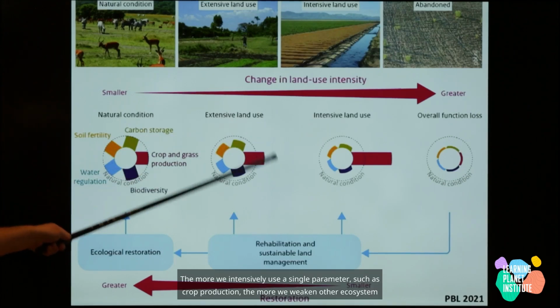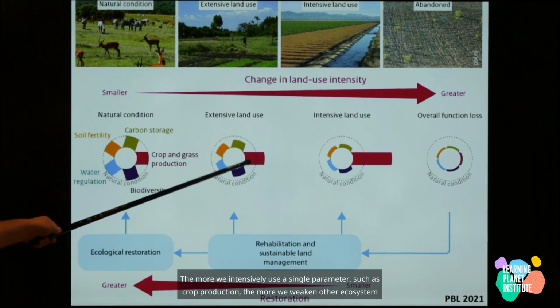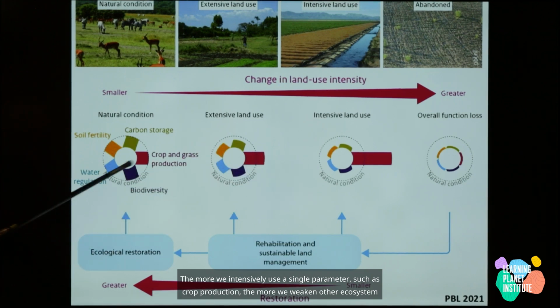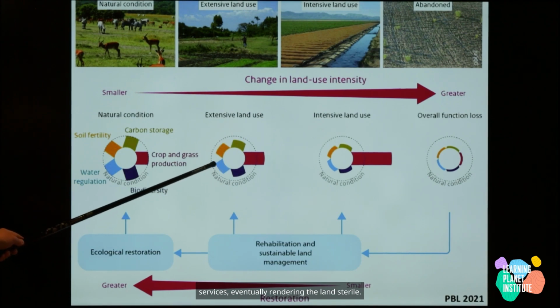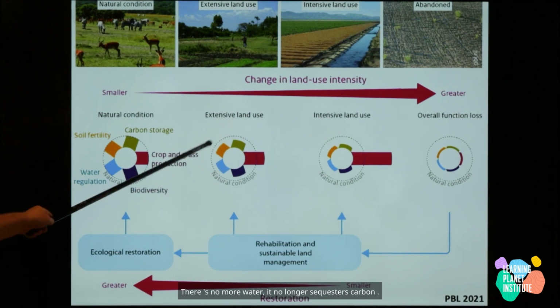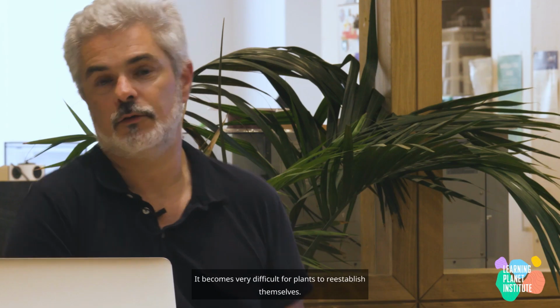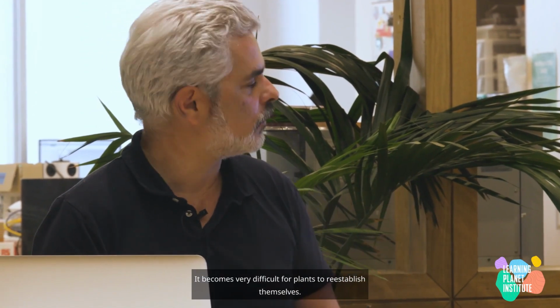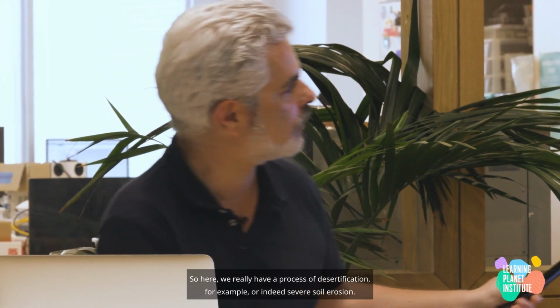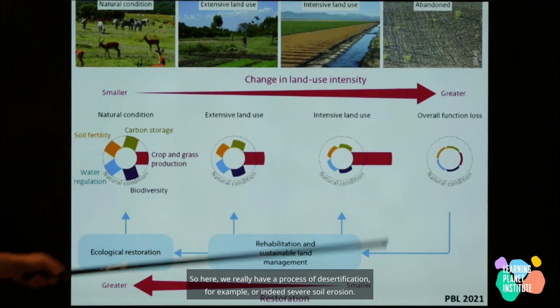The more we intensively use a single parameter, such as crop production, the more we weaken other ecosystem services, eventually rendering the land sterile. There's no more water, it no longer sequesters carbon, it becomes very difficult for plants to re-establish themselves. So here we really have a process of desertification, for example, or indeed severe soil erosion.